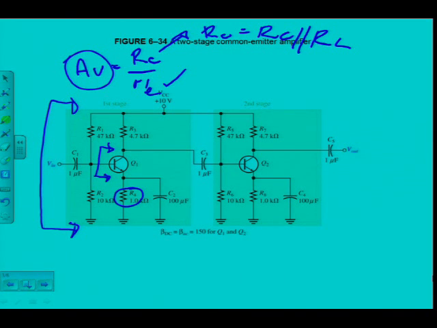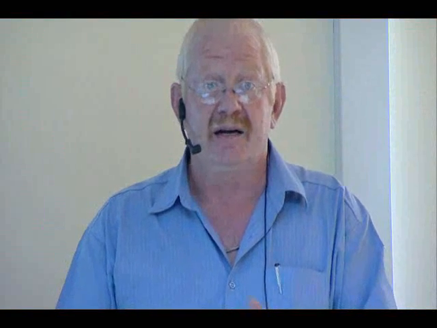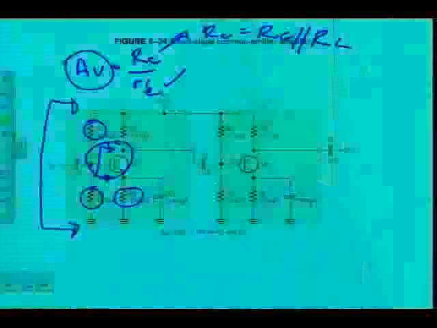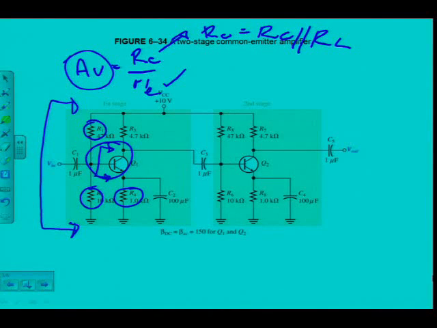Alright. Then we didn't stop there. I had to calculate R in total. You remember? R in total then was of course R1 parallel with R2 in parallel with R in at the base. You agree? Then I got R in total. So if I ignore this first stage, you agree that I would do the same for the second stage. I would work out R in at the base.